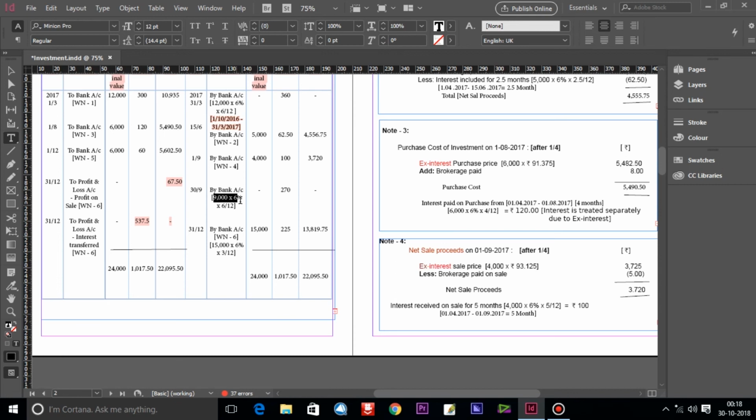Therefore, the balance is calculated as 18,000 minus 9,000 is equal to 9,000. Therefore, interest is to be charged on rupees 9,000 at the rate of 6% for a period of 6 months. Therefore, we are getting interest as 270, and it is coming under interest column, and the journal will be bank account debit to investment account by bank account 170 under interest column.